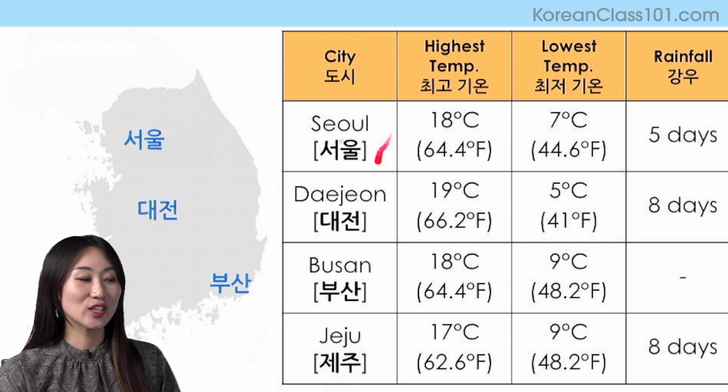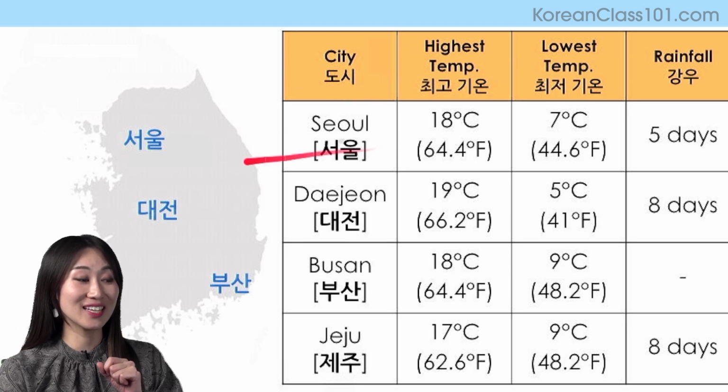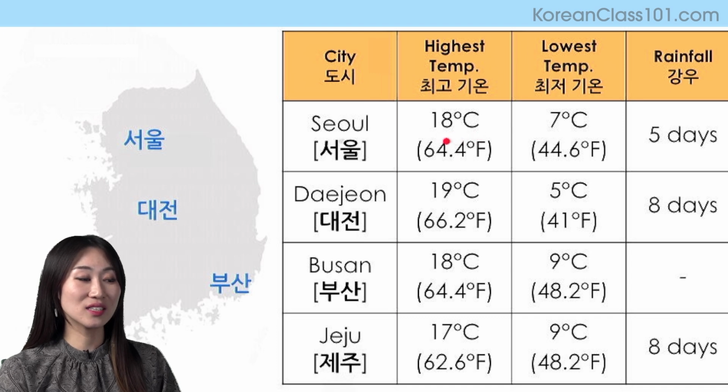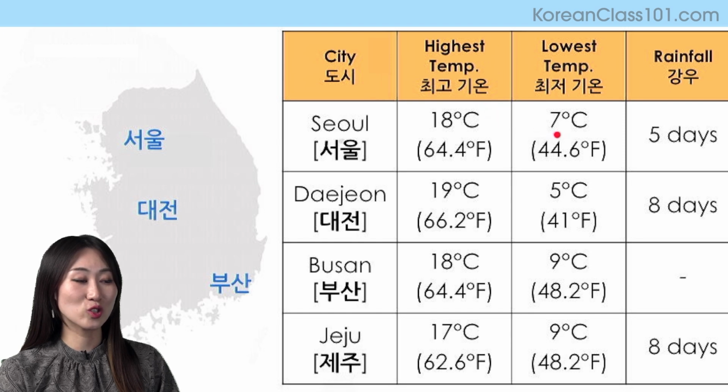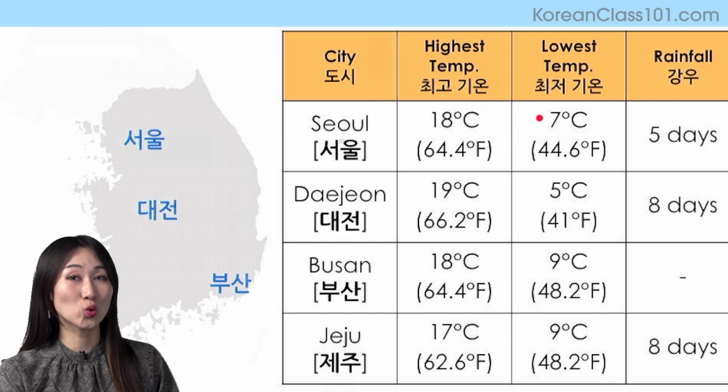So 짠, 서울, the capital of Korea, is located here. And the highest temperature is 18도, 18 degrees. This is the highest temperature in April and the lowest temperature is 7도, 7 degrees.